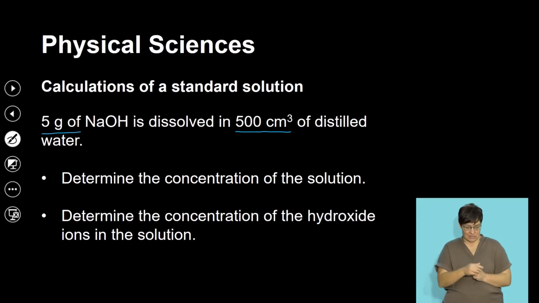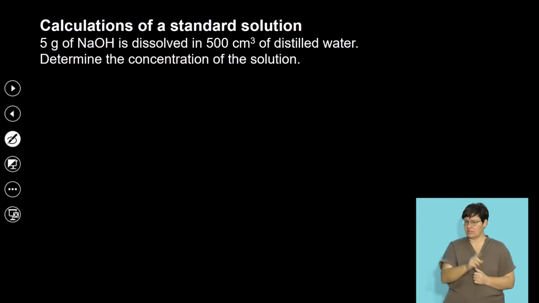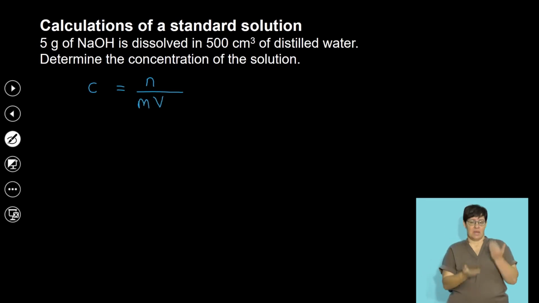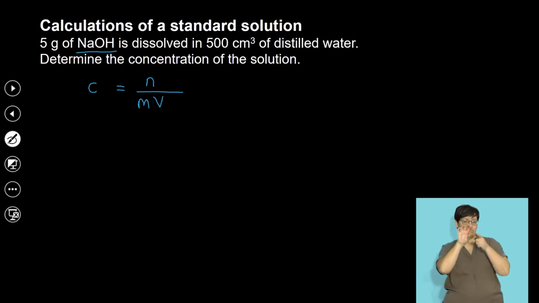Now, if you look at this example, what it says to us is that for us to determine the concentration, we need to say, okay, how many moles of substance are there, divided by the volume, all right? So first things first, we need to determine from the periodic table the molar mass of sodium hydroxide, okay?